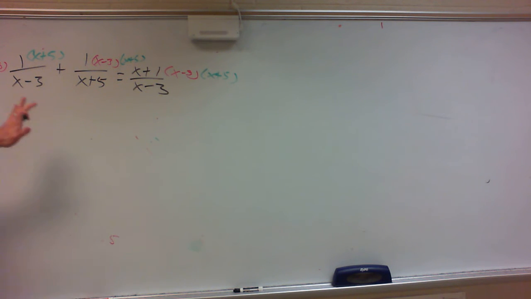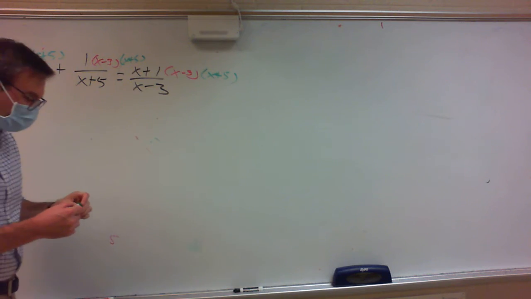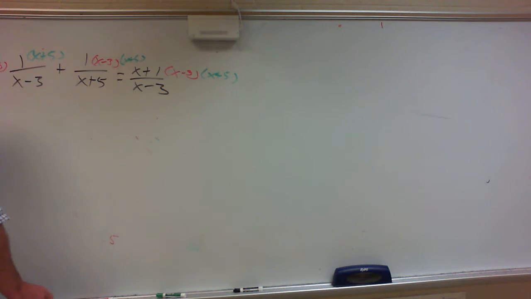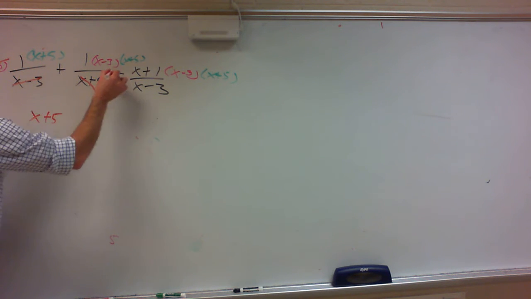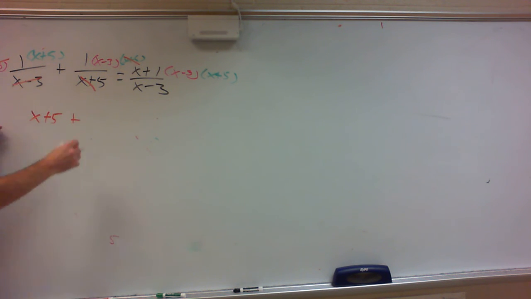Now, I completely agree this is ugly. This step is ugly, but the next step looks nice. So now let's talk about what's left. Well, the x minus 3 cancels the x minus 3. What's left here? x plus 5. All right, x plus 5 cancels. What's left here?